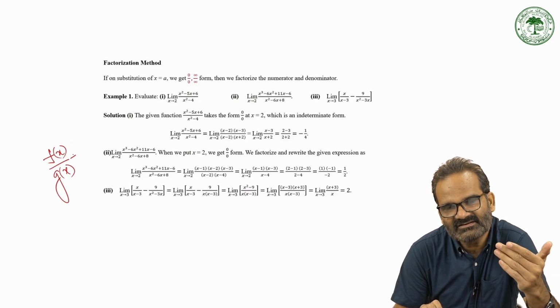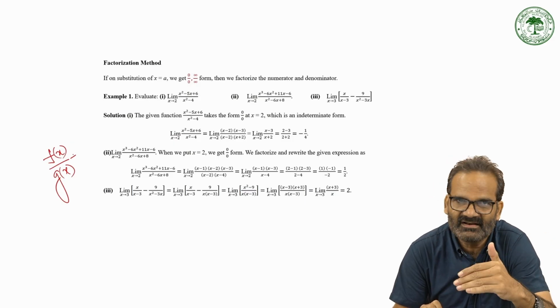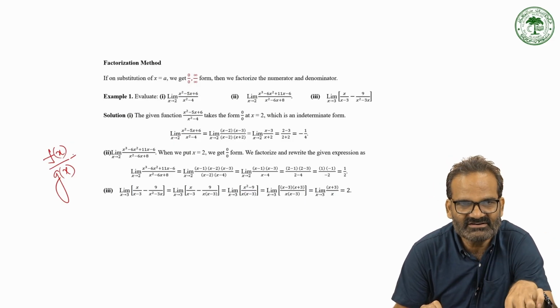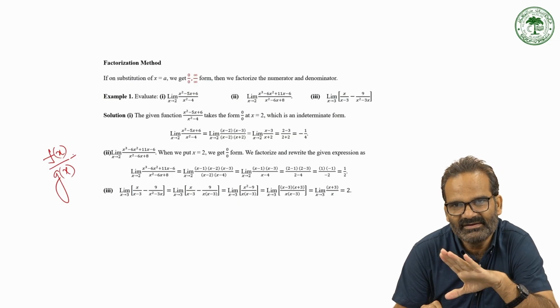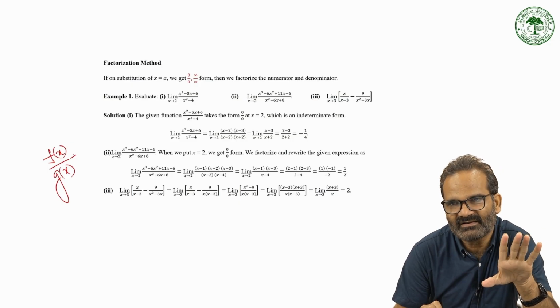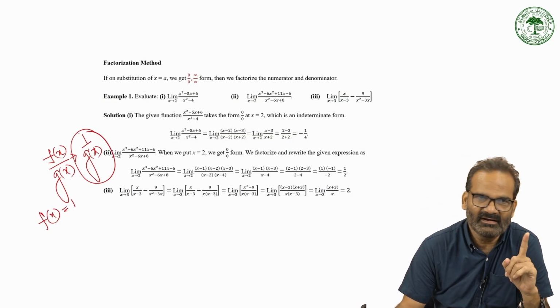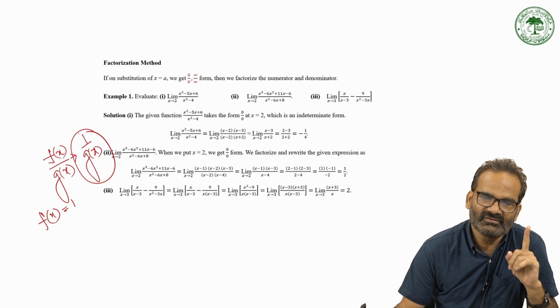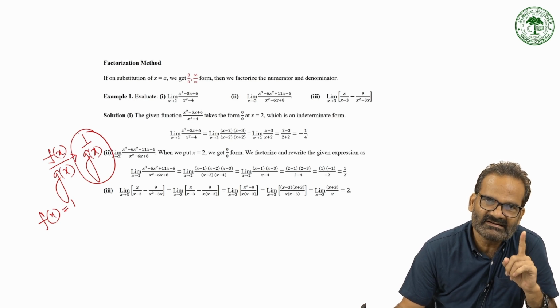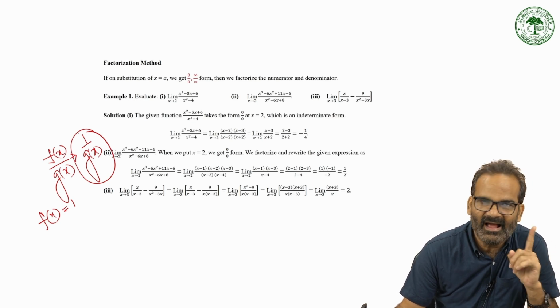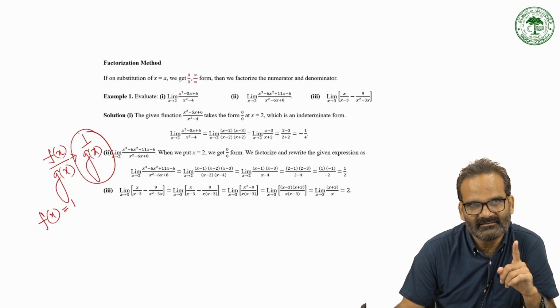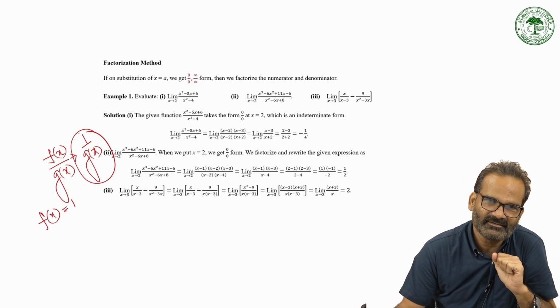Rational means a function which contains a numerator as well as a denominator. If the function is not of this type, we cannot use the method of factorization. Are you getting the point? Number 1, the method of factorization works only if the function contains a numerator and denominator. Otherwise, we cannot use the method of factorization.